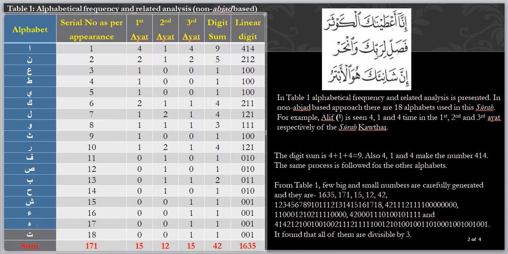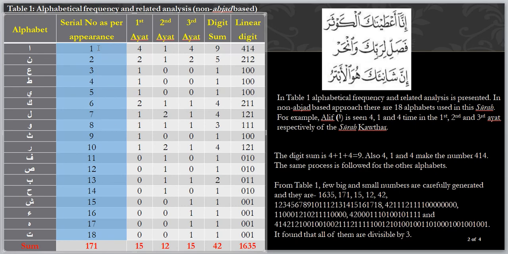Here, the alphabets are presented in the first column, and in the second column, the serial number as per appearance is presented. Here we see the 18 alphabets, numbered 1, 2, 3, 4, 5, 6 up to 18, placed as per their first appearance.